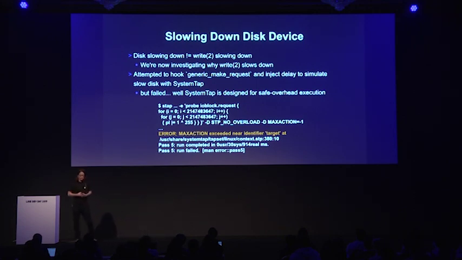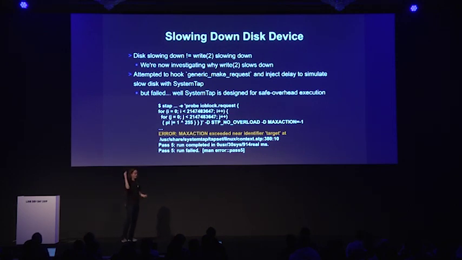So in order to reproduce a slow disk, one method that we came up with: there's a function called generic make request under Linux. This is used to issue I/O requests. So we place the hook in generic make request to calculate the execution time.